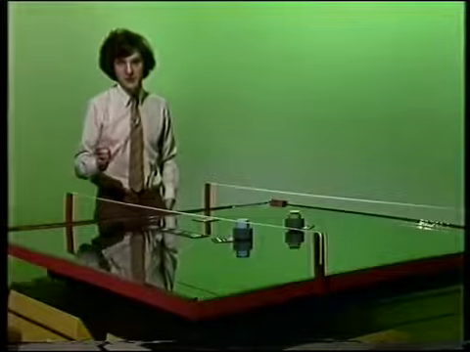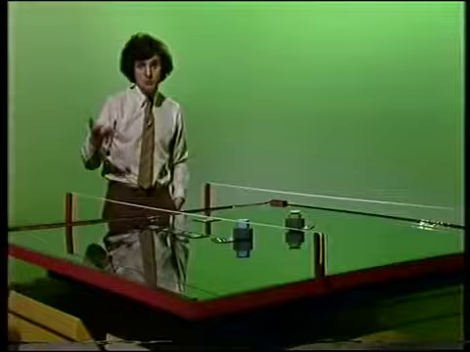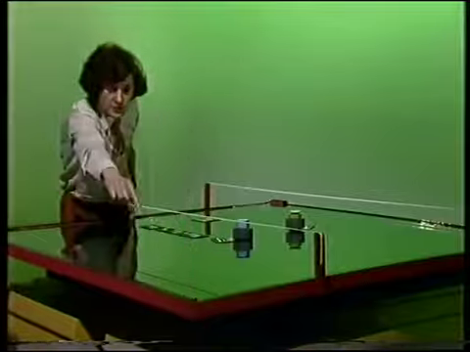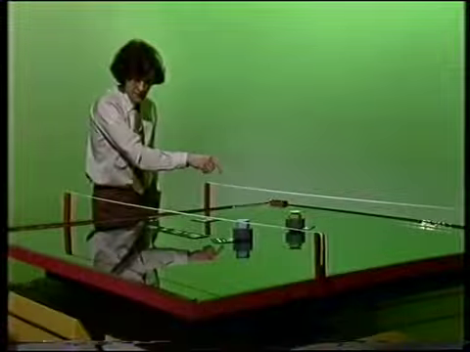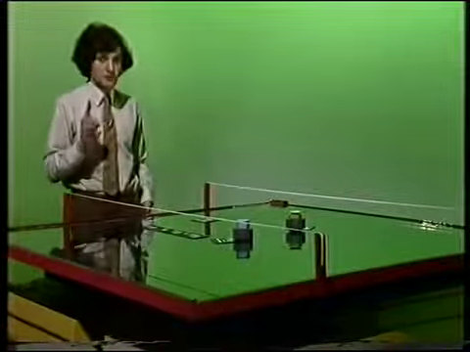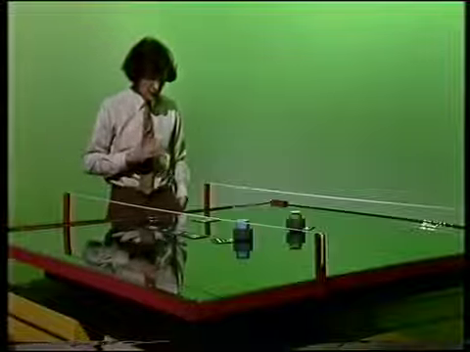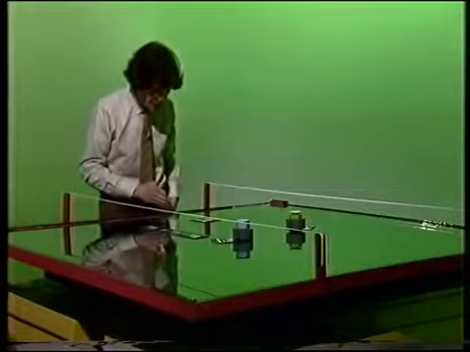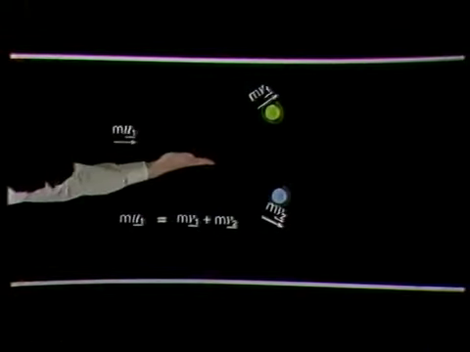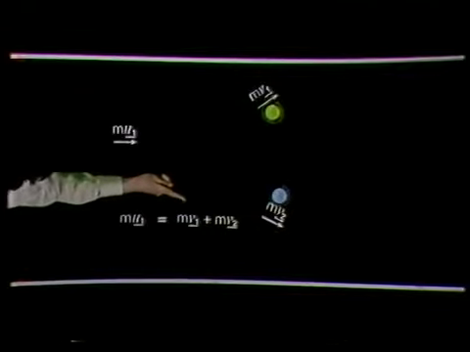Now, that's a vector equation, so I can look at its two components separately. And I'm going to take my x-axis along here and my y-axis up here. And I'm going to be particularly interested in the y component of this equation. Now, before the collision, the y component of the momentum is 0. That's because the particle's moving along the x-axis. So it's got to be 0 after the collision as well.